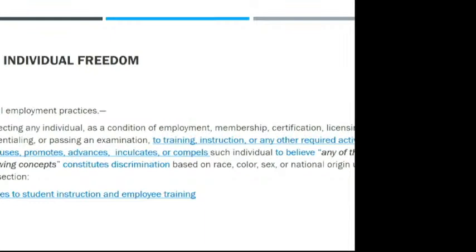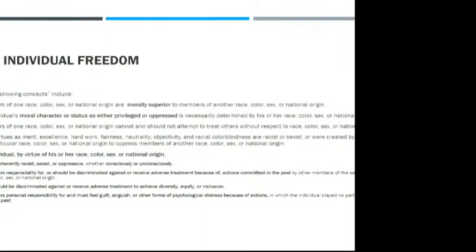And this applies to employee training and student instruction. I know that's hard to read, but you do have a copy there. These are basically all related to anything that is a result of your gender, your race, and so you can see those outlined for you.